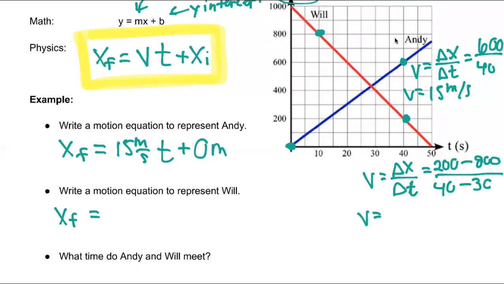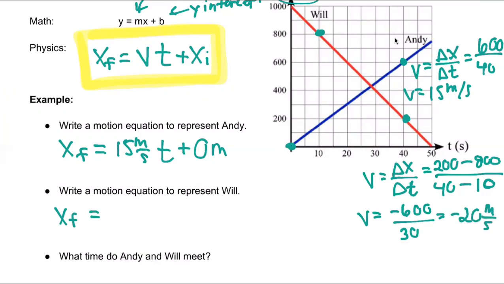This gives me a velocity of negative 600 divided by, what does that give me, 10? That doesn't give me the right number. What did I do earlier? 40, 10, oh, let's fix that real quick. I wrote a 30 here. It's supposed to be 10. I did the math in my head of the difference of 30 already. Divided by 30, this gives me a velocity of negative 20 meters per second.